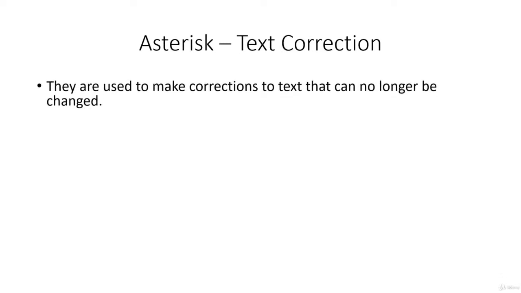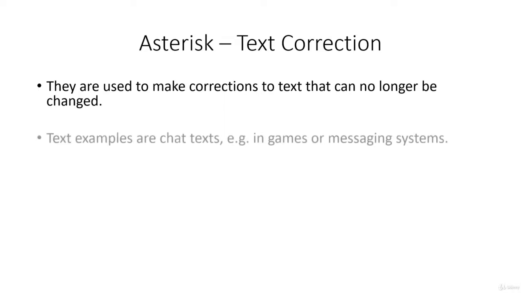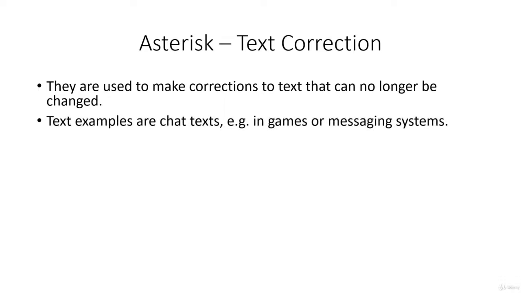Now, we mentioned making corrections to text that can no longer be changed, and in today's modern word processing world, this doesn't happen too often, but there are a few cases where it happens, for instance, chat texts in games or messaging systems.